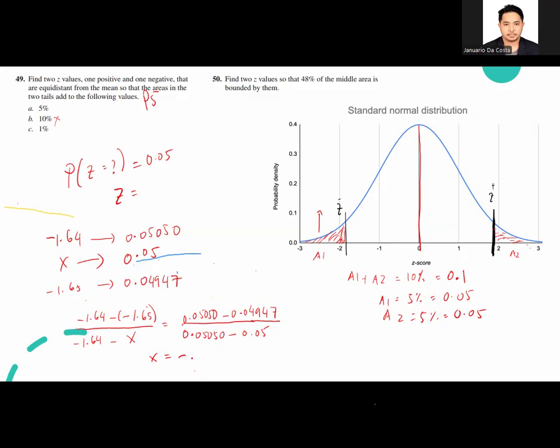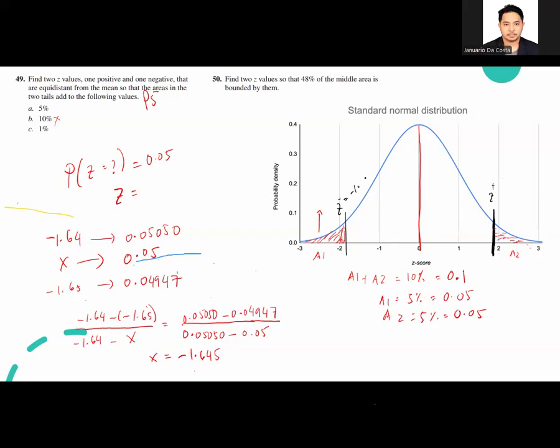I get about negative 1.645, which is between the two values, which is correct.